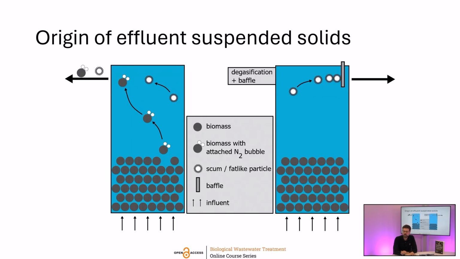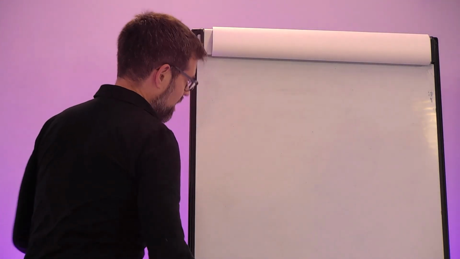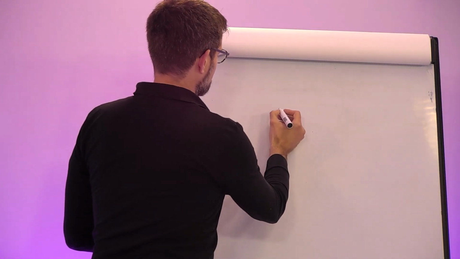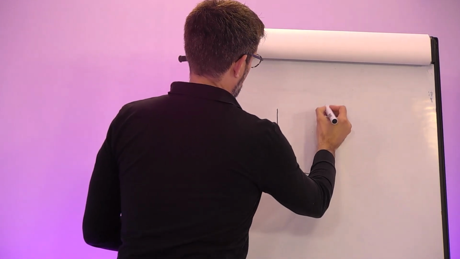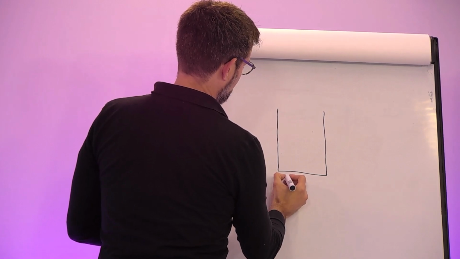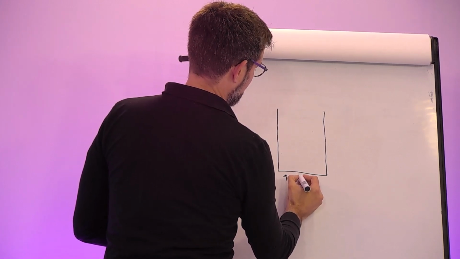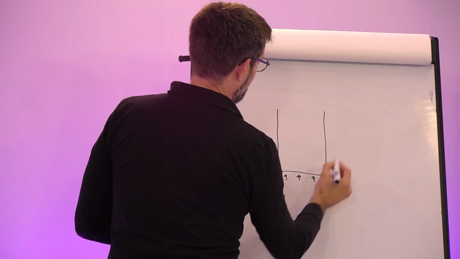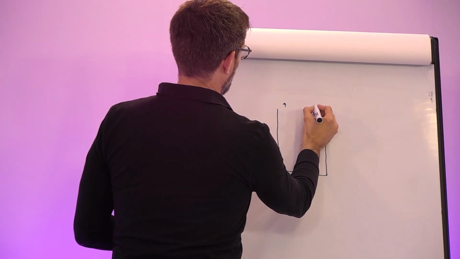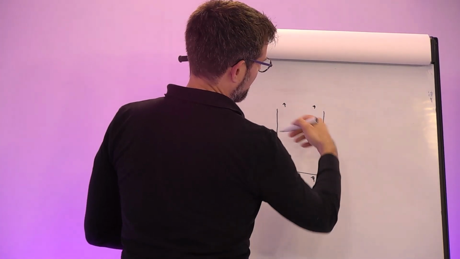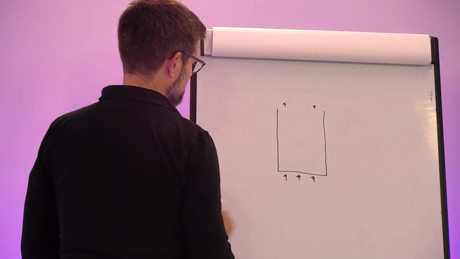If you look a little bit at a lab reactor, and I can draw that. So if you have a Nerida reactor, it's basically a reactor where we feed from the bottom, as we discussed in the previous part. We decant from the top, most of the time in a gutter of some sort.